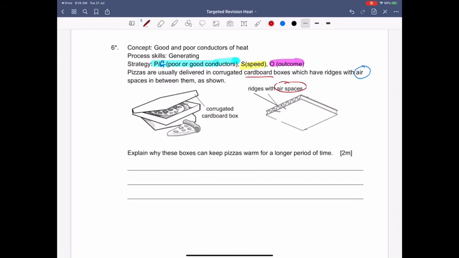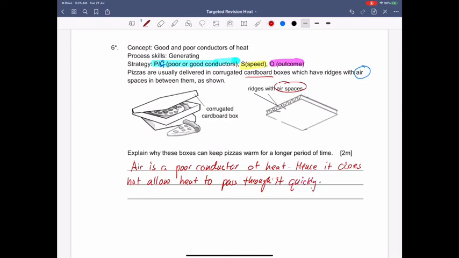So you have to say that air is a poor conductor of heat. Hence, it does not allow heat to pass through it quickly.